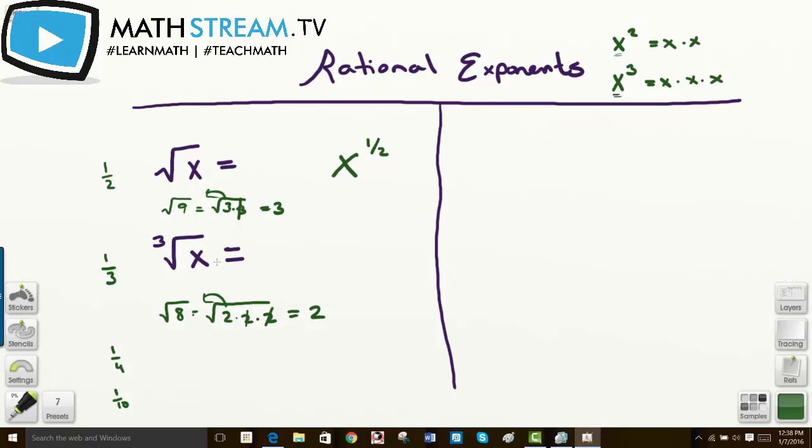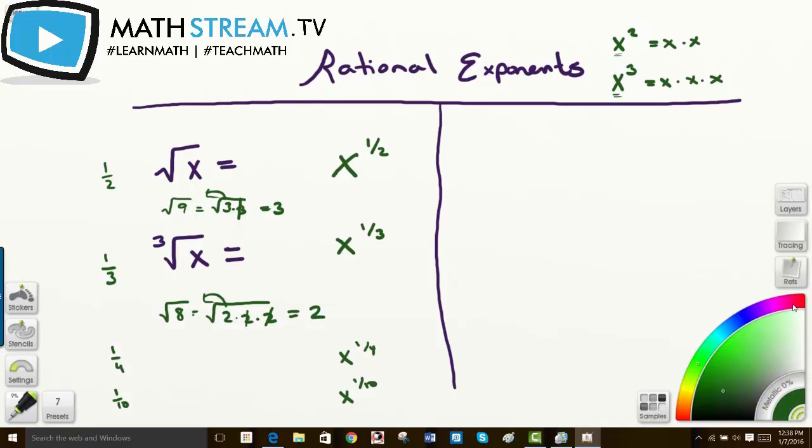Similarly, I could write the cube root of x as x to the 1/3, because I'm taking x and I'm only keeping 1/3 of the factors. And that would work for any type of root. The 4th root would be x to the 1/4. The 10th root would be x to the 1/10. Again, because I'm saying how many of the factors of x I'm going to keep, only a fraction. So rational exponents just means taking the root and rewriting it as a power. The power corresponds to the number of factors that we're keeping.